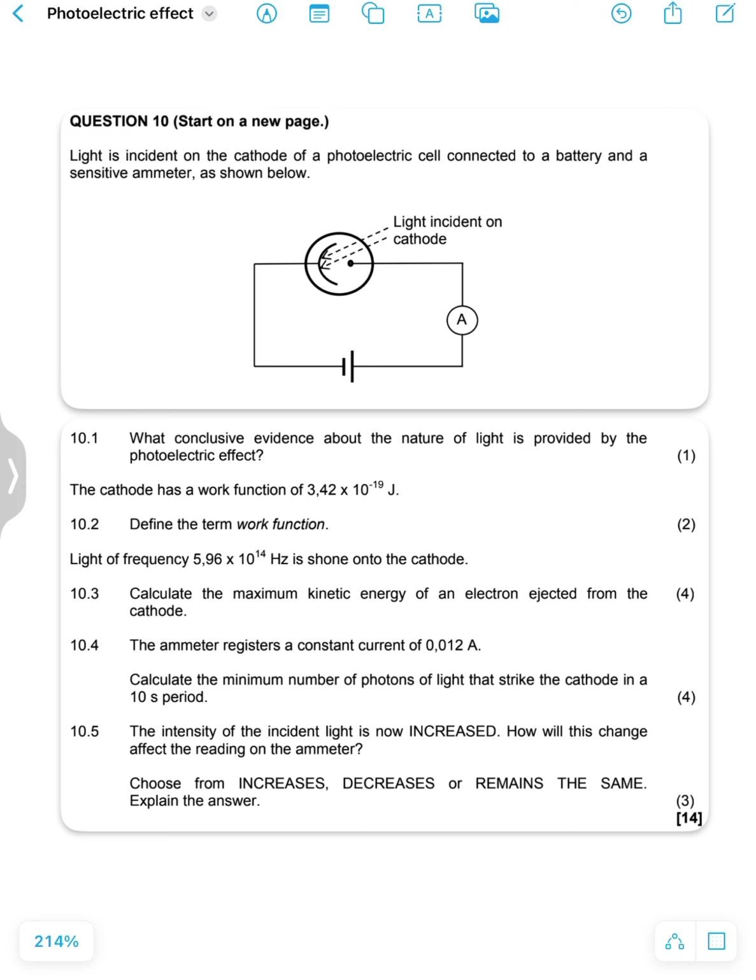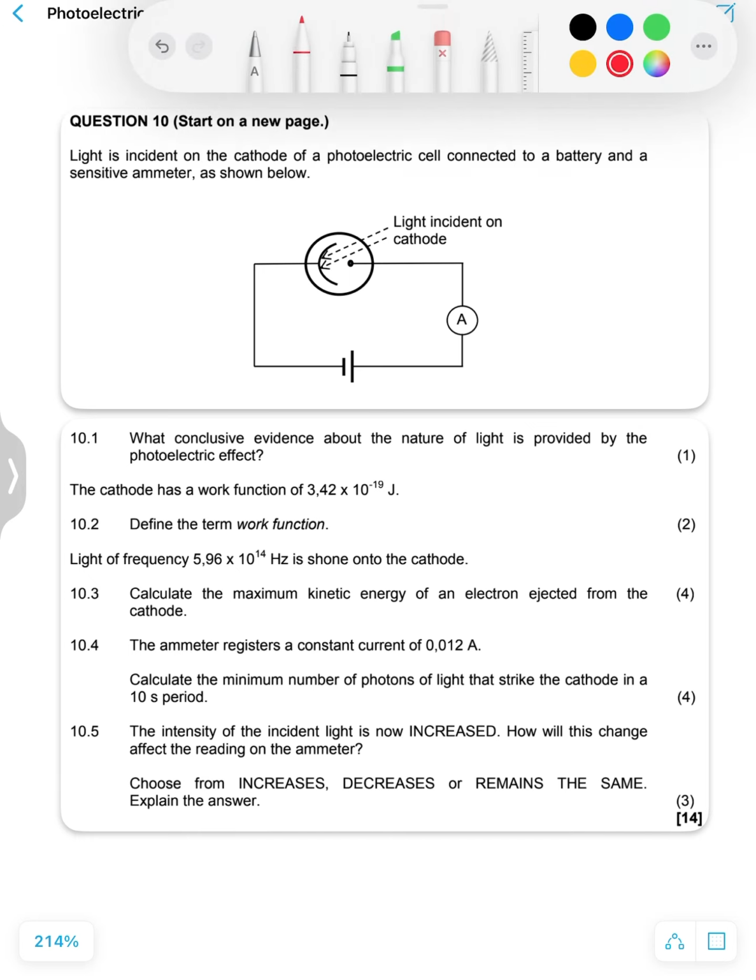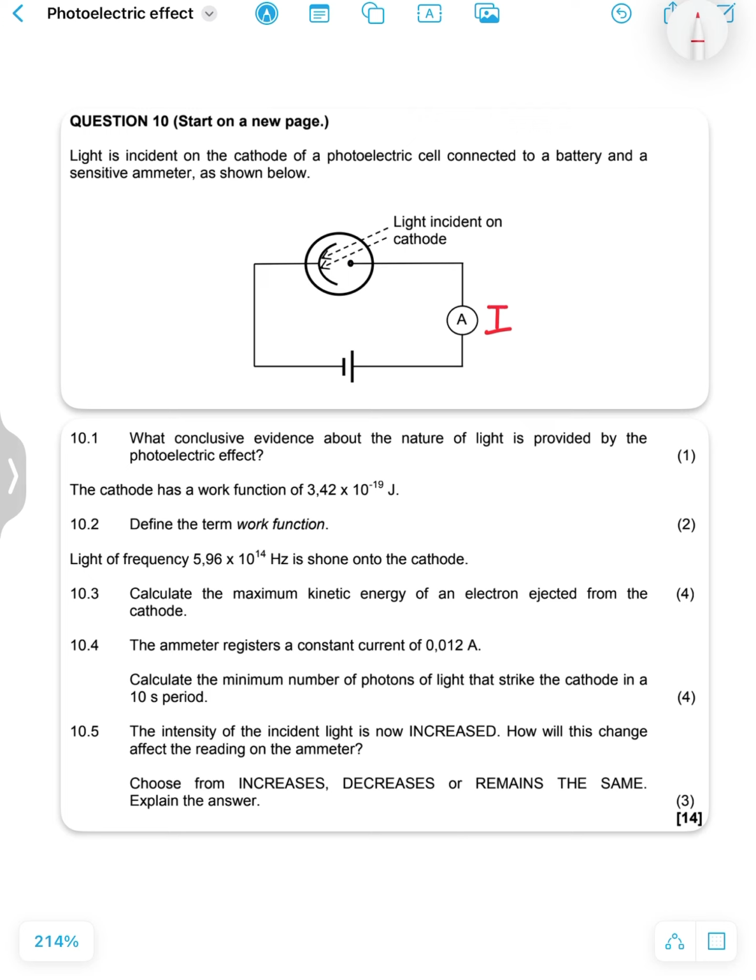We know that an ammeter measures current, and then we also have the battery. We need to understand that current is the rate of flow of charge. The charge that we are talking about here is electrons. We know that electrons are the ones flowing through the circuit, right?